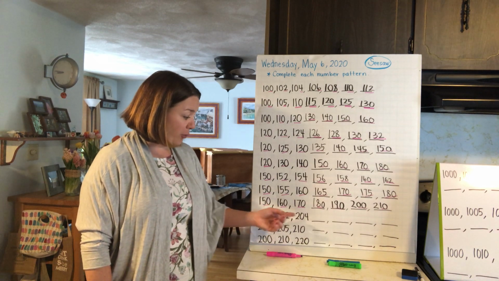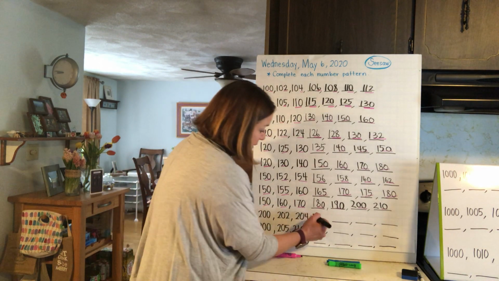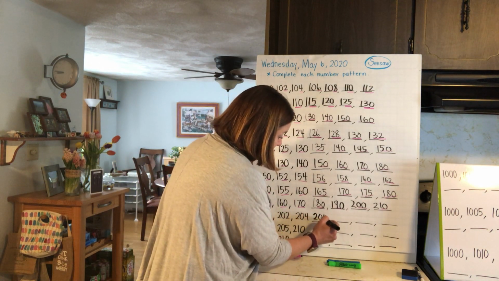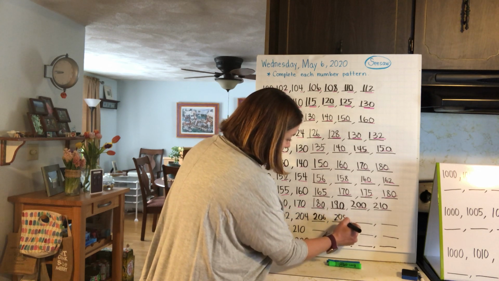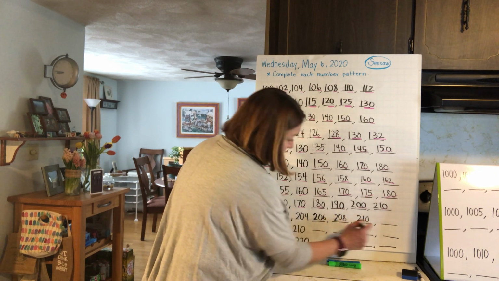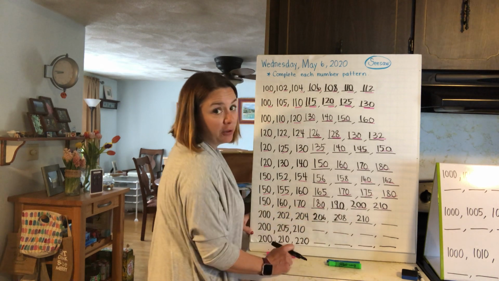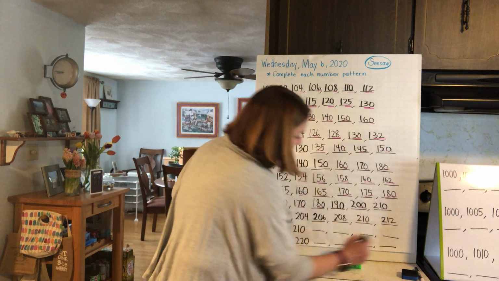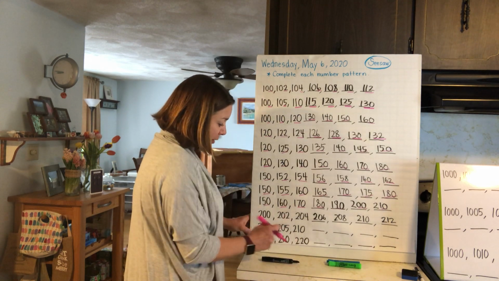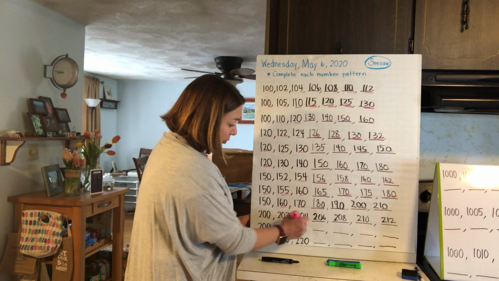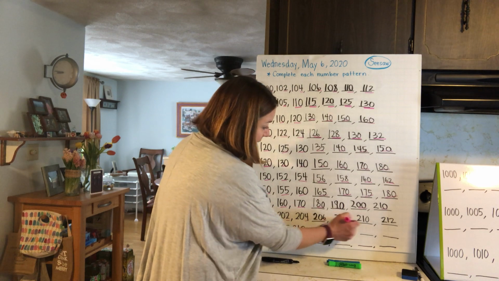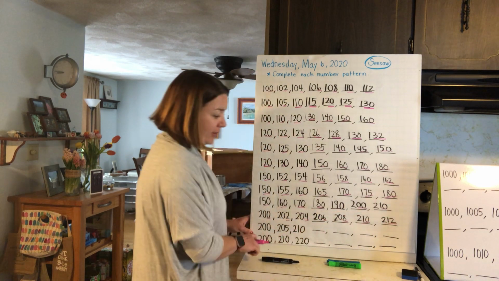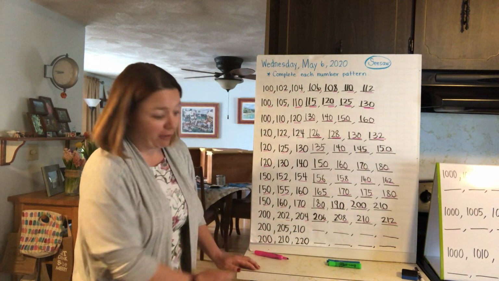Do you hear that? 2, 4. Here we go. 204, 206, 208, 210, 212. Make sure you write it like this. That's the pattern for counting by twos. 0, 2, 4, 6, 8, 10, 12. We're just adding 200 in front of it this time.